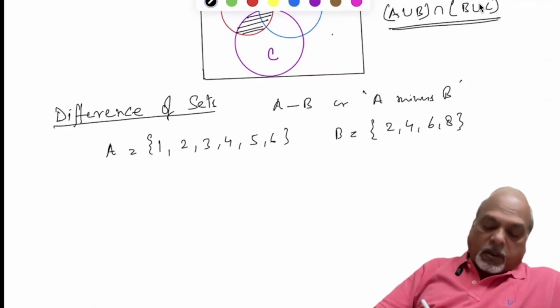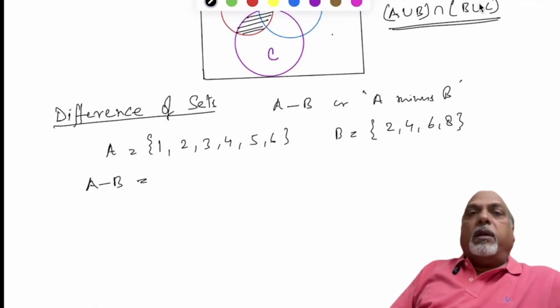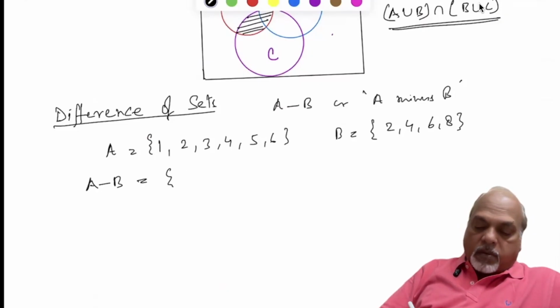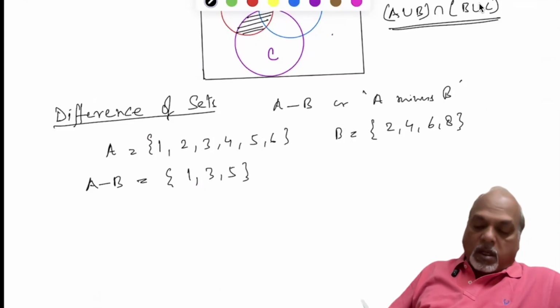Then what is A minus B? A minus B is nothing but the elements which belong to A but do not belong to B. So here A minus B will be nothing but 1, 3, 5, because 1, 3, 5 do not belong to B.